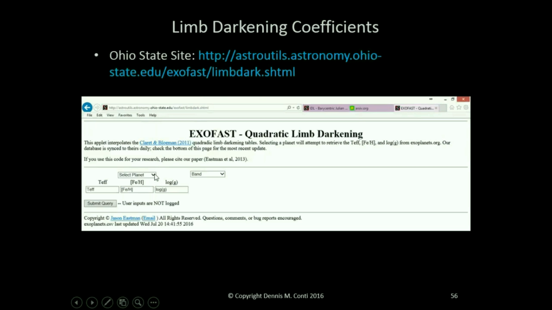Or if the planet is not in the database that ExoFast uses, one can directly input the stellar properties of the corresponding host star and the filter. Submitting the query will also get the limb darkening coefficients. And these limb darkening coefficients, again, are ones that will be input into the exoplanet transit modeling.